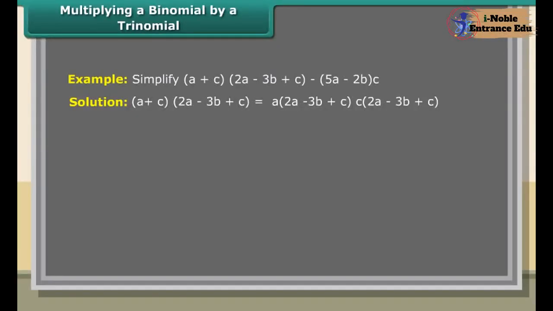Example, simplify (a + c)(2a − 3b + c) − (5a − 2b) × c.